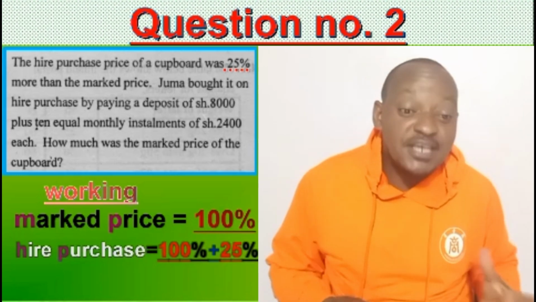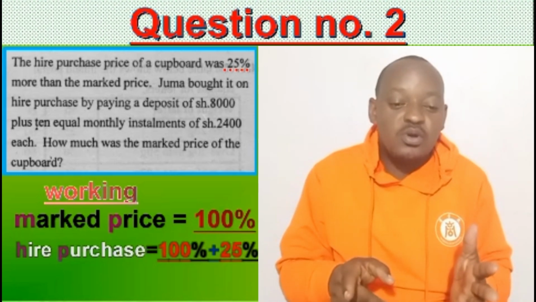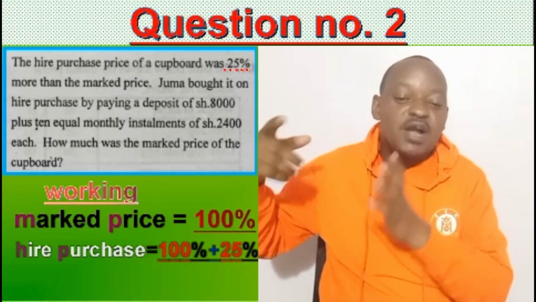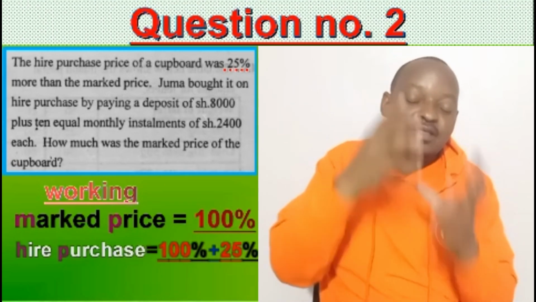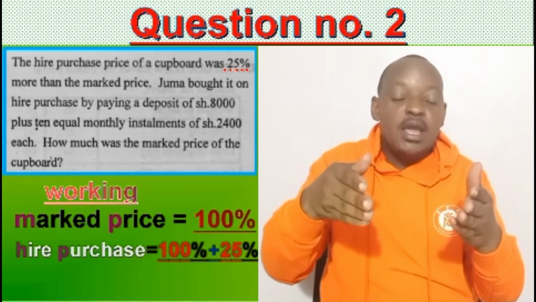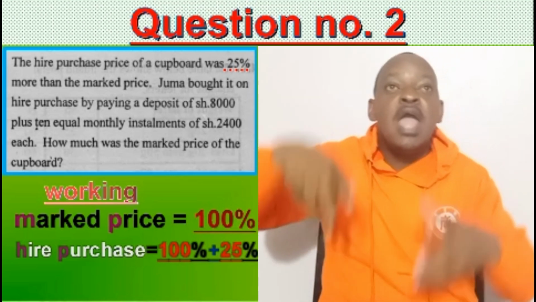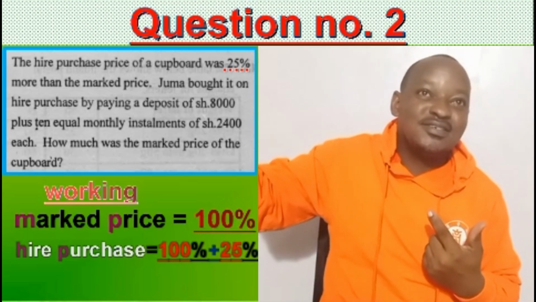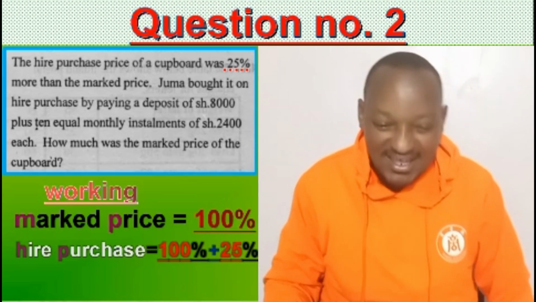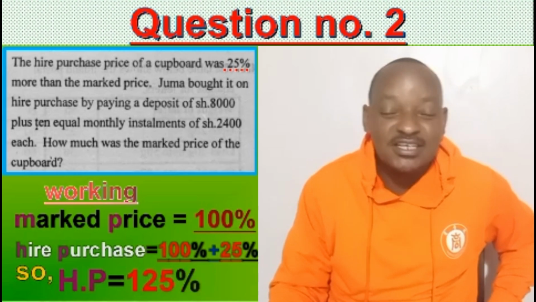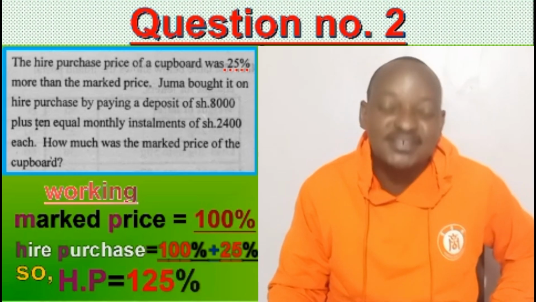So if cash price is 100%, then the hire purchase will be 100 plus 25. So it will be 125%. So our hire purchase here is 125%.